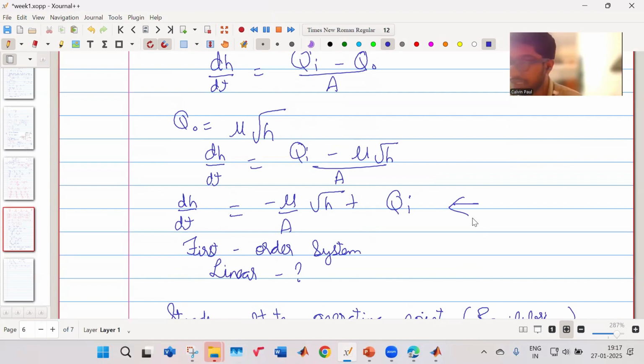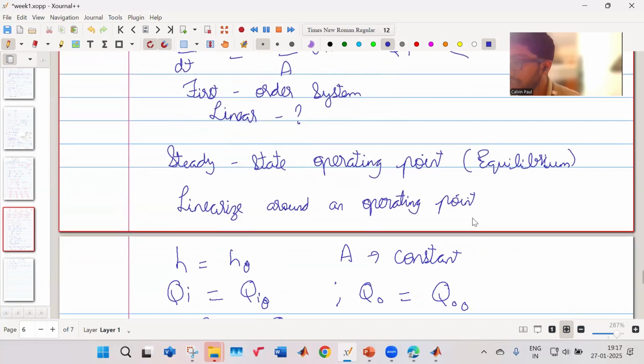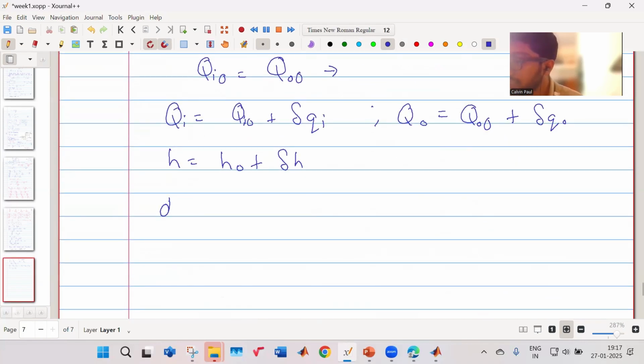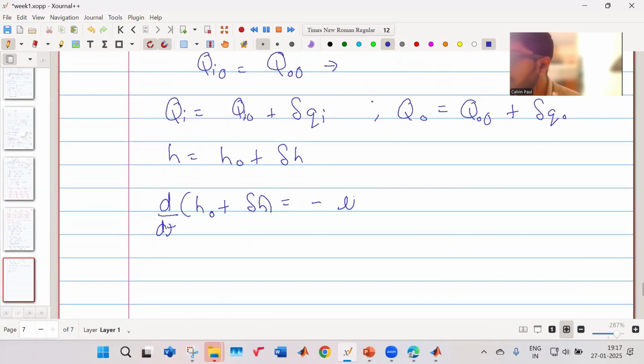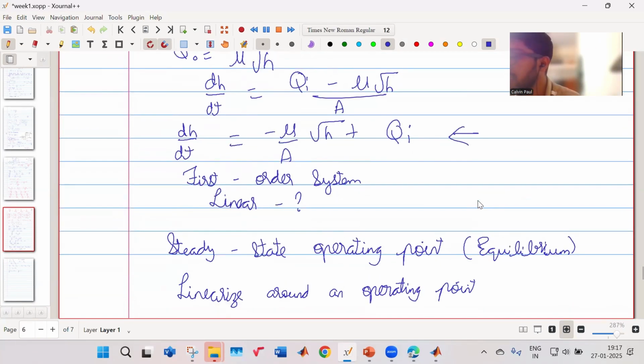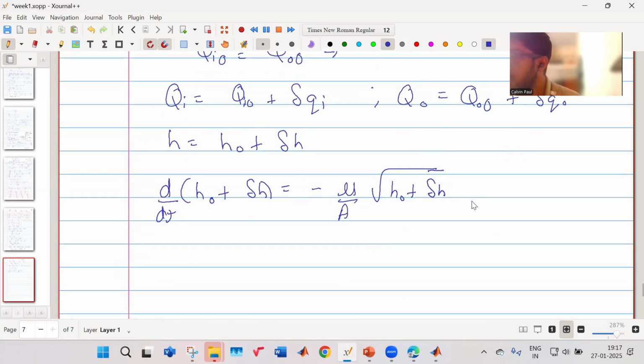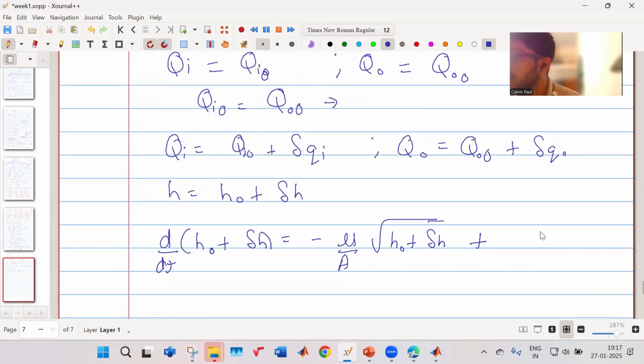And what will you get? Let us see. So this equation is d/dt of h naught plus delta h is equal to minus mu upon a square root of h naught plus delta h, plus qi0 plus delta qi.